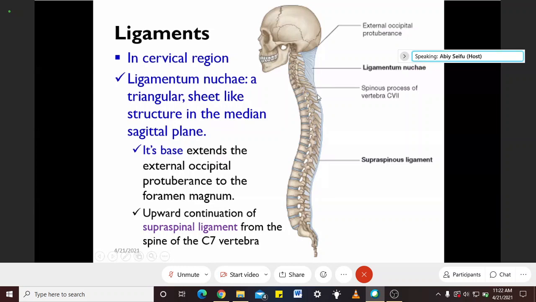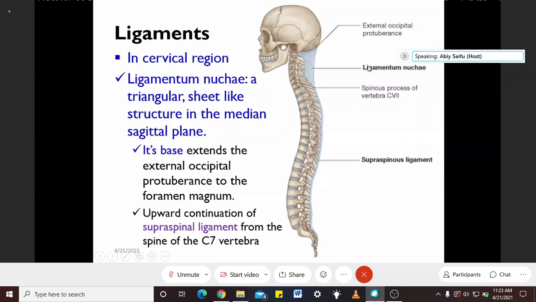Then this supraspinous ligament continues as the ligamentum nuchae superior to C7, and extends up to the external occipital protuberance and to the margins of the foramen magnum.